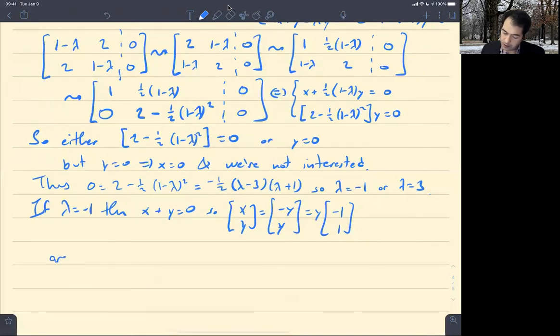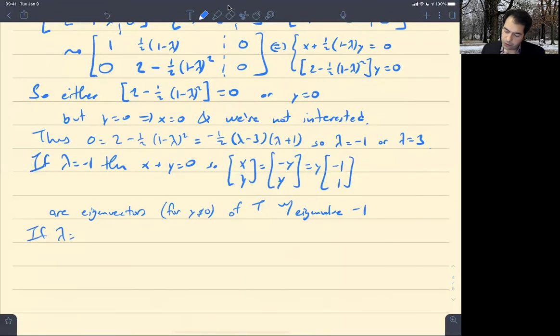So these are eigenvectors for y not equal to 0 of T with eigenvalue minus 1.